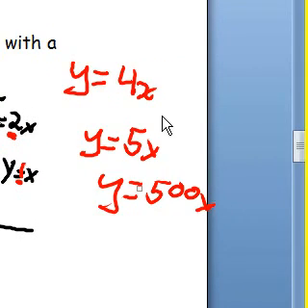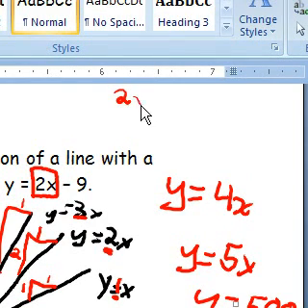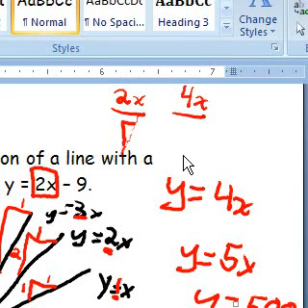Because really what we're saying is we're looking for something that is steeper than just a rise of 2 and a run of 1. So 4x fits the bill, because that would be a rise of 4 and then a run of 1, which would be much steeper than a line with just a rise of 2 and a run of 1.